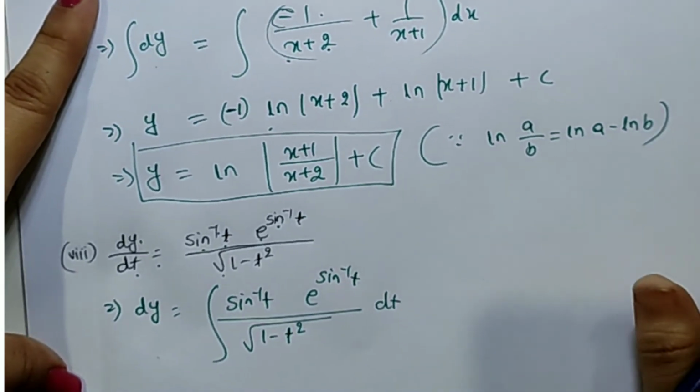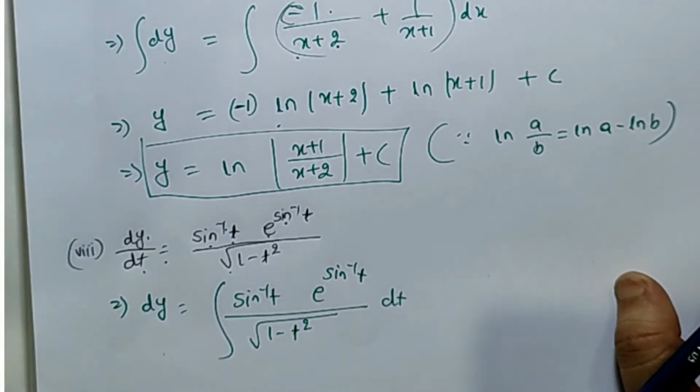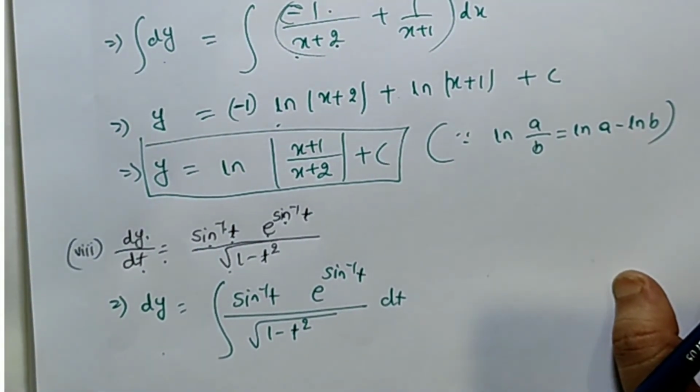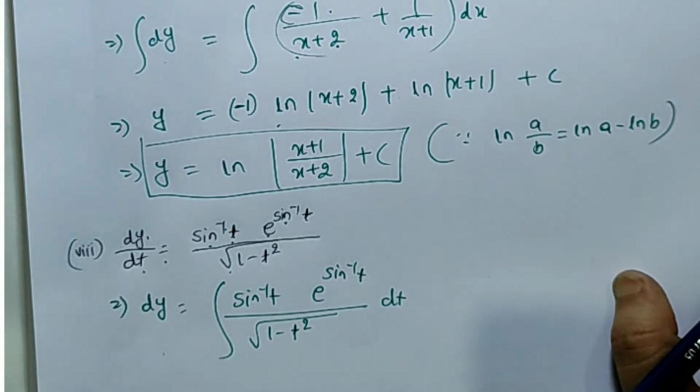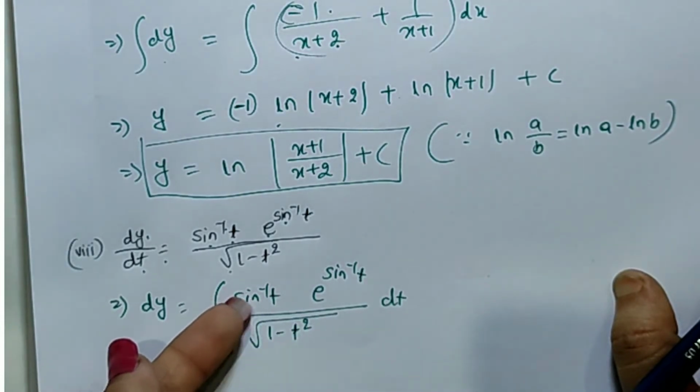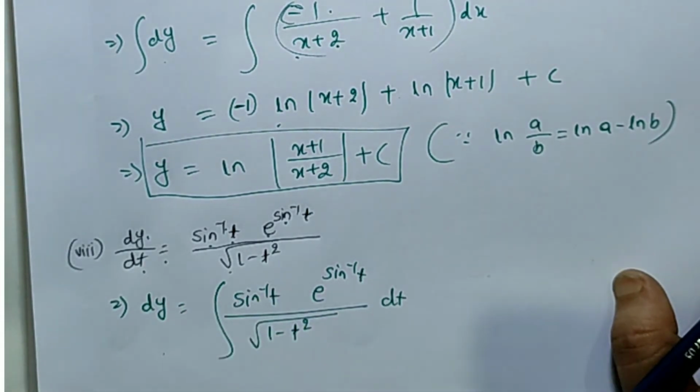In this type of question, we will substitute in such a way that if we substitute any function with z or some other variable, then there should be the derivative of that function in the given equation. Okay, so in this equation, which one will be the derivative of some other function? The derivative of sin inverse t is 1 by square root of 1 minus t square.